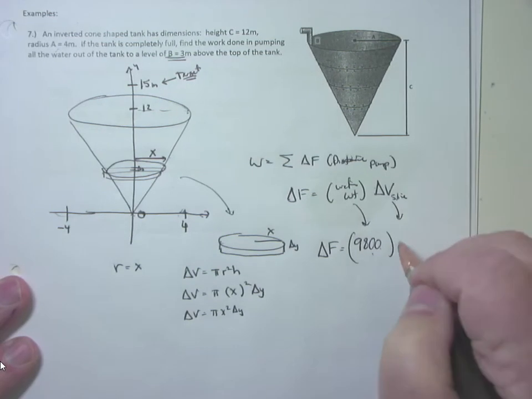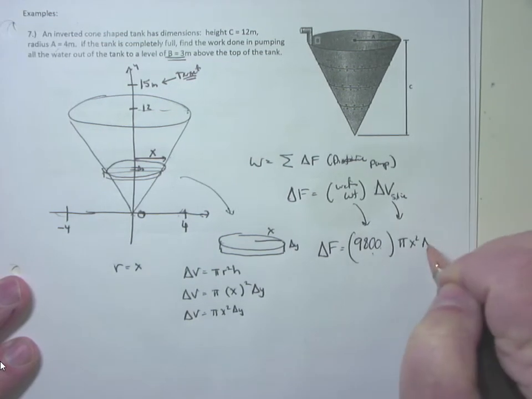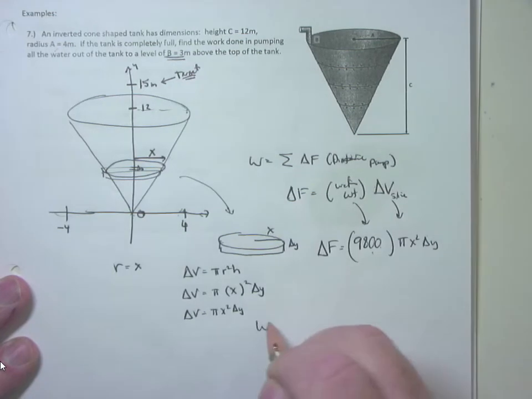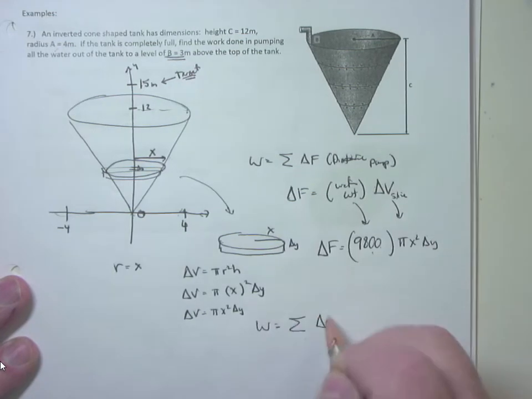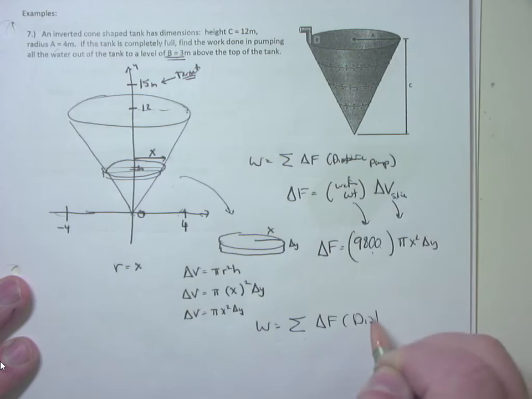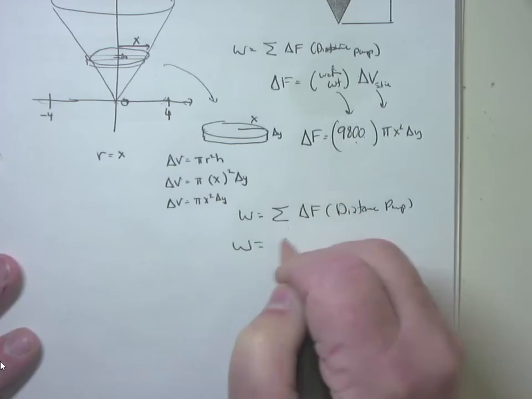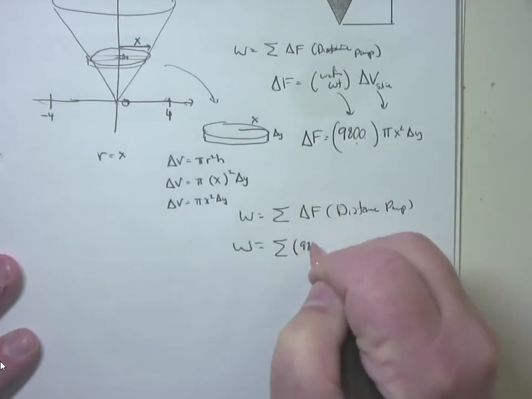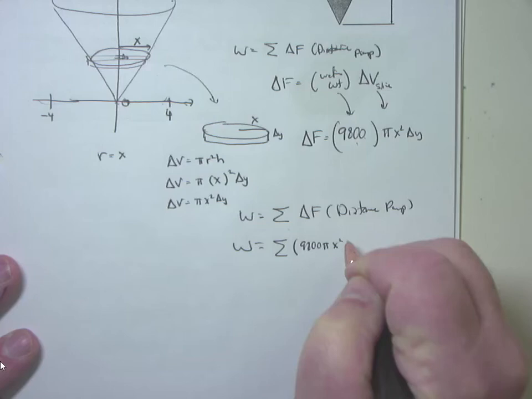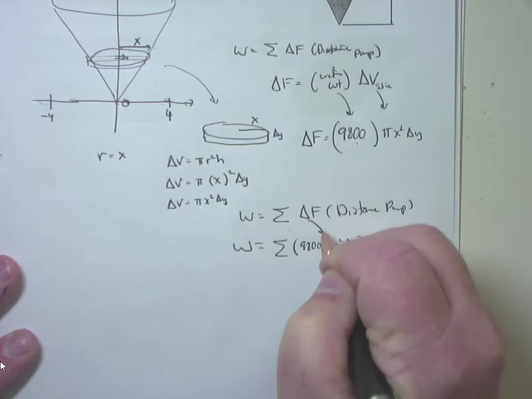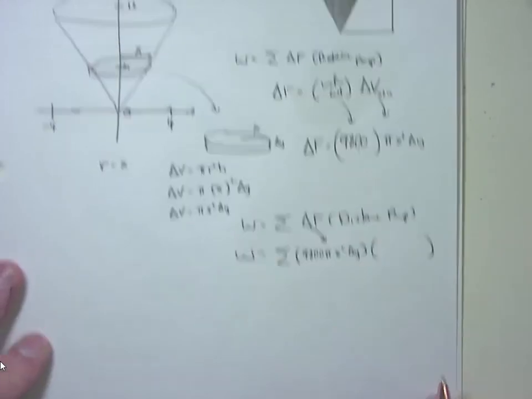Your delta volume slice is pi x squared delta y. So work, which is equal to the sum of the delta force times the distance that you've got to pump, is going to be equal to the sum of your delta force, which is 9,800 pi x squared delta y. Just plugged it in there. What is the distance that I'm going to have to pump?